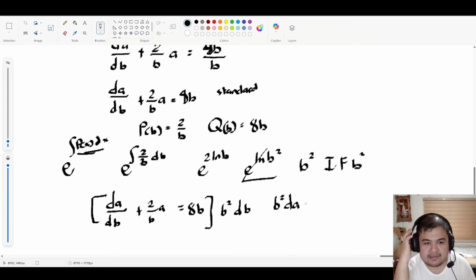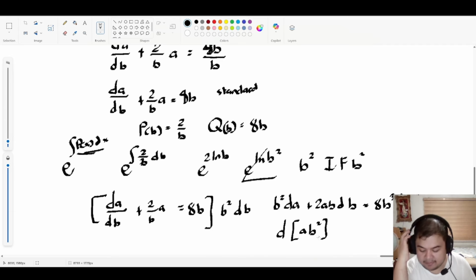You're going to notice that the left side is the product rule of your integrating factor and your linear variable. Always. Then the right side is where you're going to integrate.